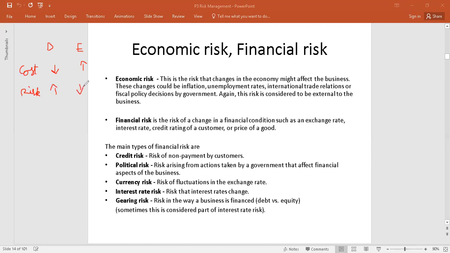Why is the risk high in case of debt capital? Debt comes with certain obligations. When investors invest debt capital in the firm, there are obligations which have to be met. Periodically, interest has to be paid. It is an obligation, not subject to the availability of funds.